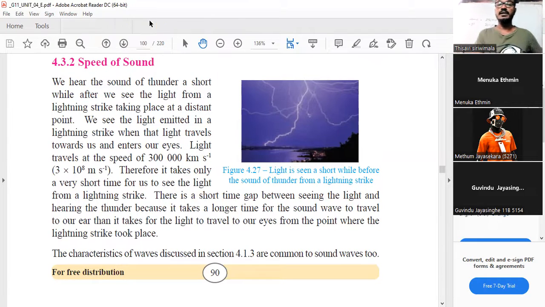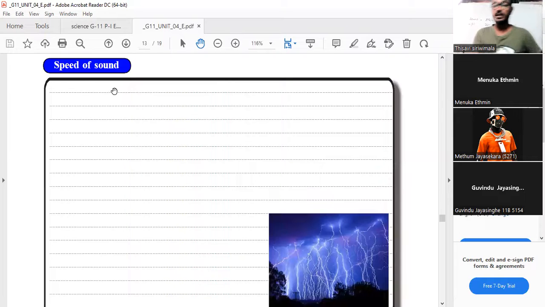Here, you have to write here in the dotted lines.